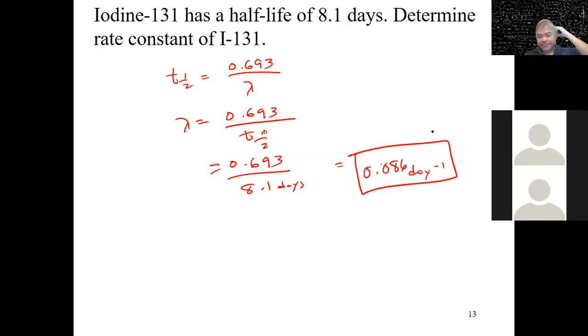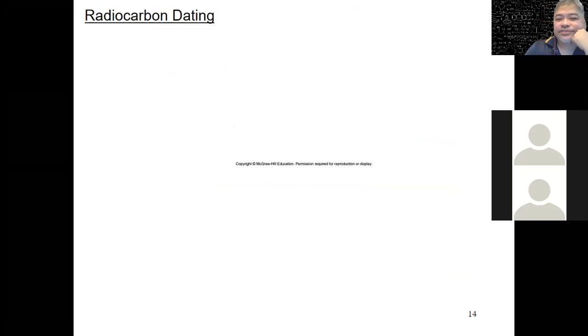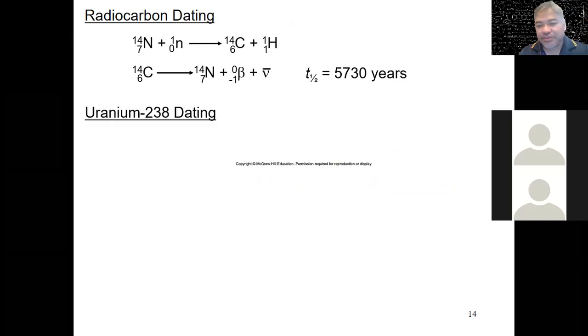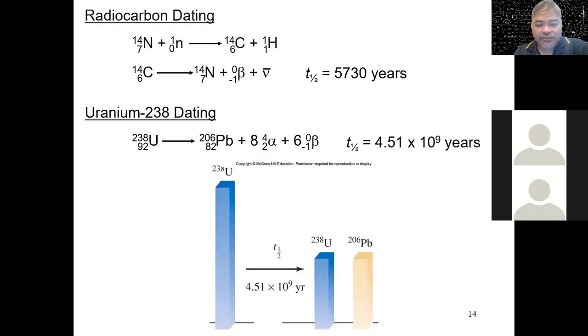So, kaya? So, another thing that we can look at, ano bang uses nitong mga isotopes na to? Mga radioactive isotopes. Well, for one, you can use it for determining the age of a material. If it's biological based, you can use radiocarbon dating. If it's a much older one, you can use uranium-238.